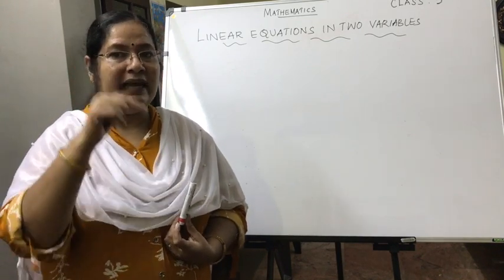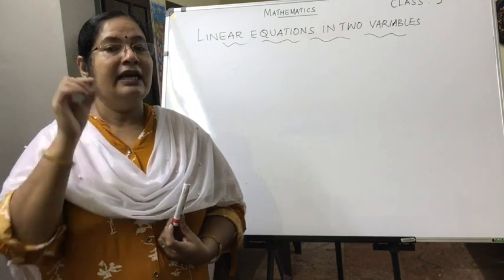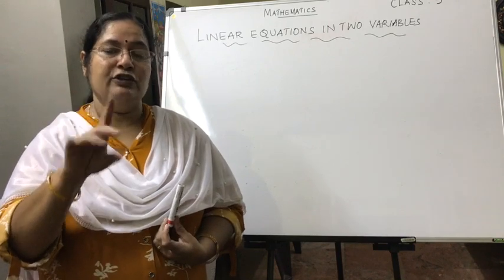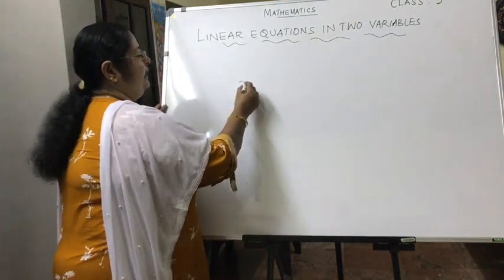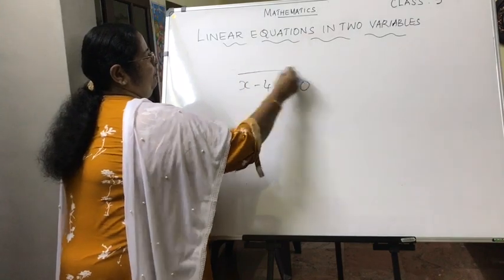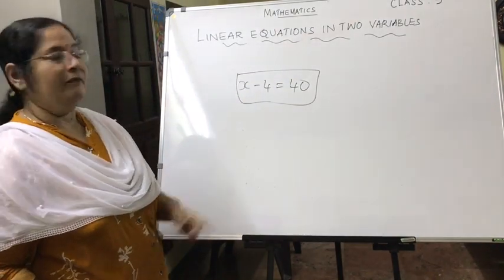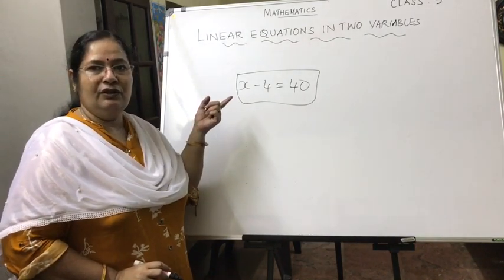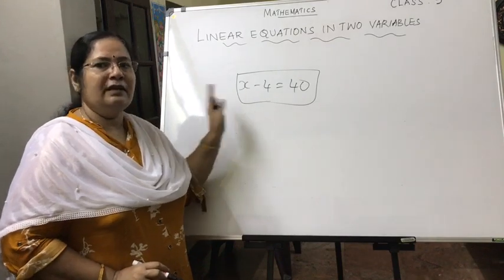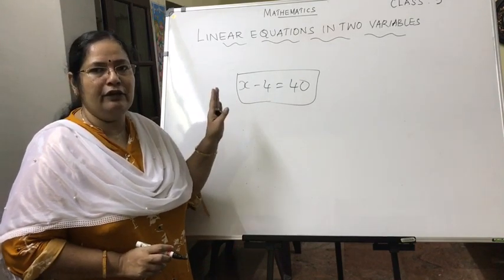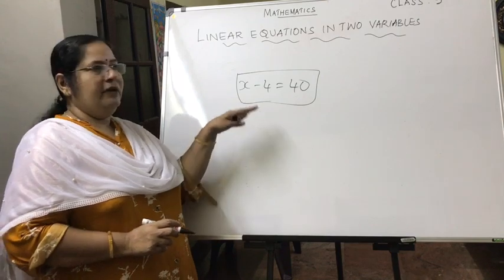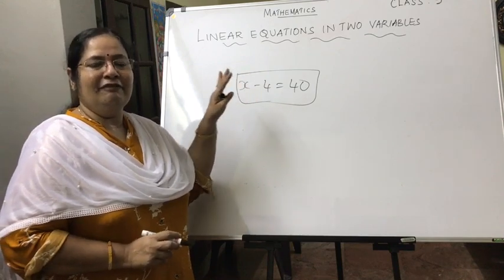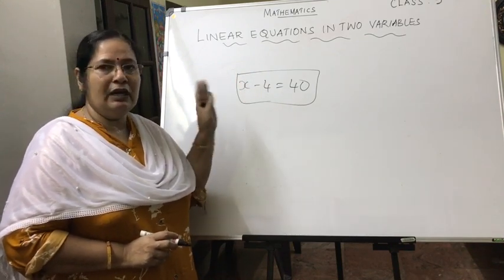My present age is X. 4 years back, what was my age? X minus 4. That value I have given. What is that? 40. So what will be your equation? X minus 4 is equal to 40. So you got an equation. From this, can't you find out my present age? Of course you can. You will transpose and then find the value of the variable X. That will give you the value of my present age. I don't mean to say that this is my age. I just told you simply how to find the value of that variable. So, understood how to find this?